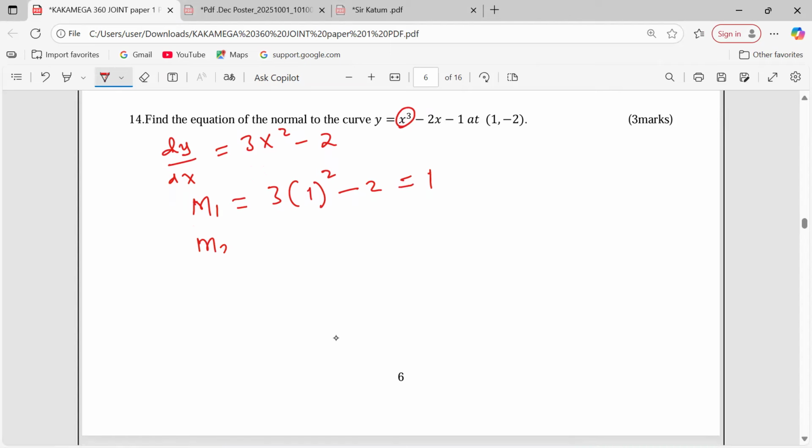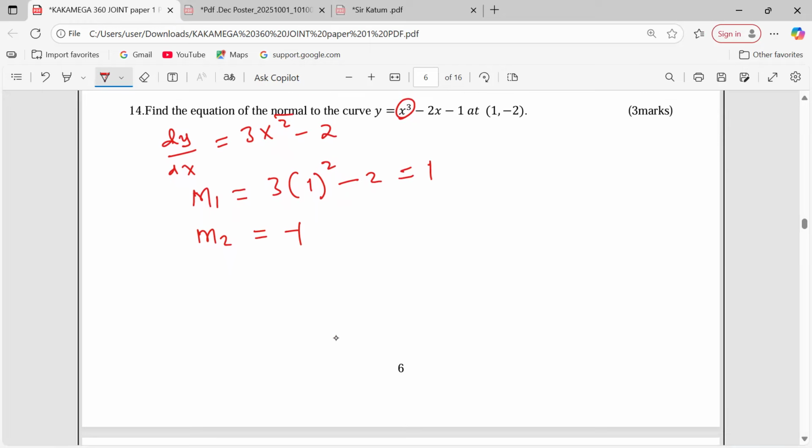Now we can find gradient 2 for the normal. It's good for you to know that the gradient of a curve is usually equal to the gradient of the tangent at a particular point. But now the normal is a line which is perpendicular to the tangent, meaning that gradient 2 should be -1.